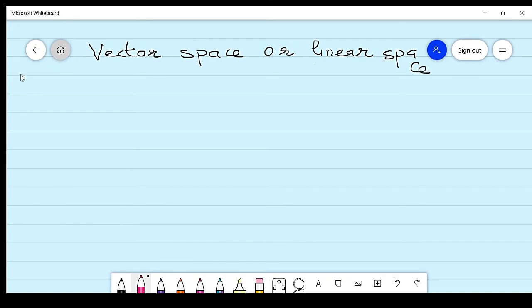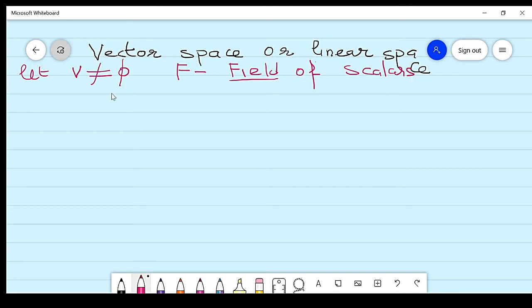So let V be some non-empty set, clear? And F is a field, which we understand from modern algebra. So V is a non-empty set and F is a field of scalars. It may be R, it may be C, so it is a field of scalars.